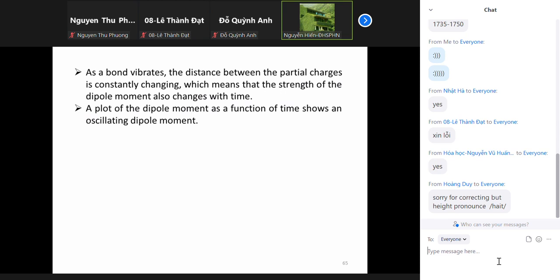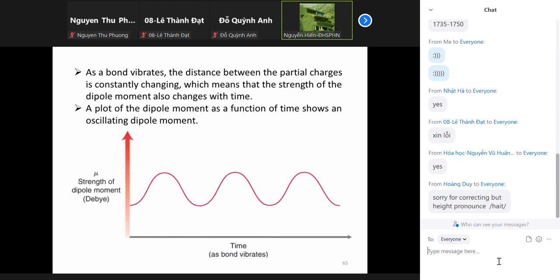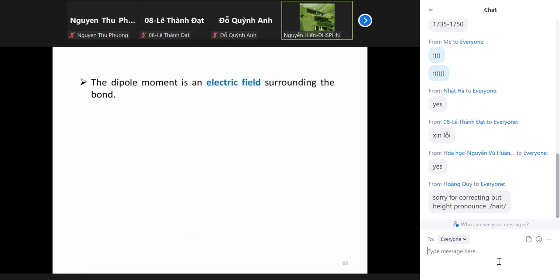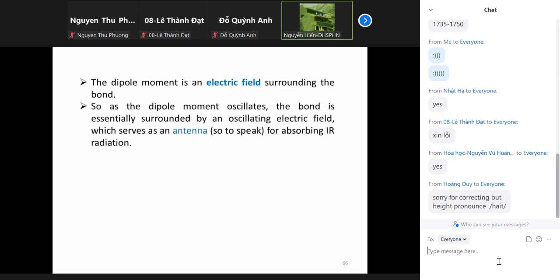You see a plot of the dipole moment as a function of time, showing the oscillating dipole moment. So it changes with time. And the dipole moment is an electric field surrounding the bond. When the dipole moment oscillates, the bond is essentially surrounded by an oscillating electric field.